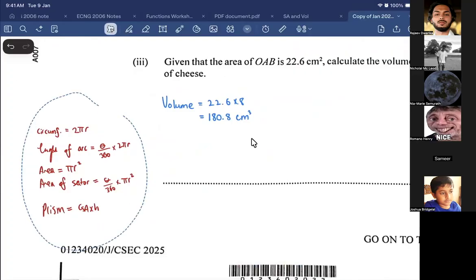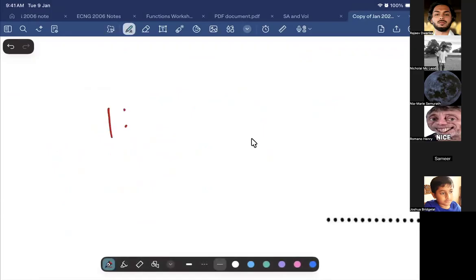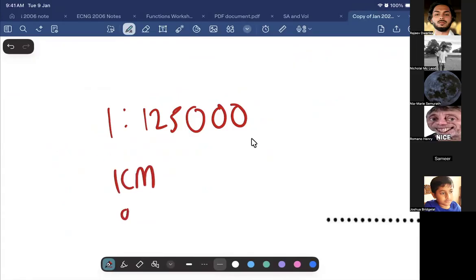And if you see a scale like this, that means 1 centimeter on the map is actually how many centimeters in real life? 125,000.